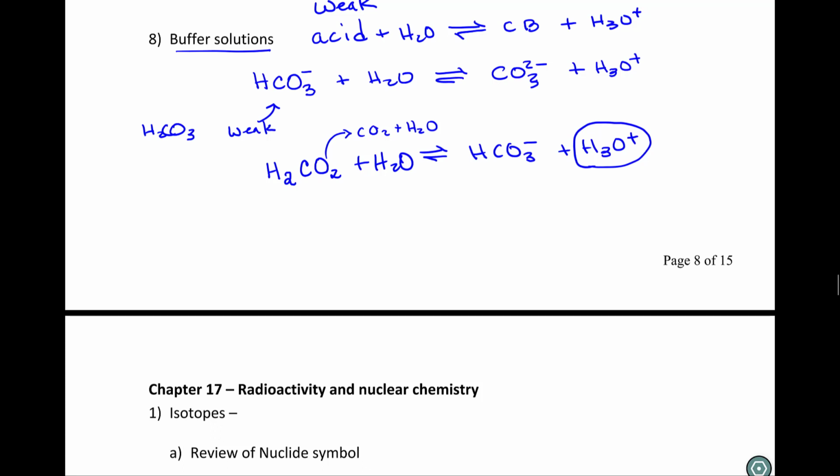So buffer systems are a way for your body to control the pH. And by definition, this is the definition of a buffer. Buffers are solutions, and the solutions in particular that have these acid-base equilibria going on are solutions that resist a change in pH.